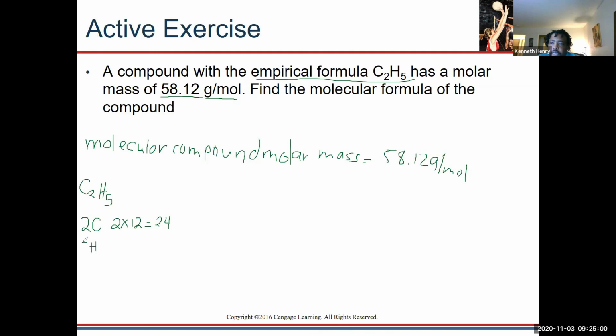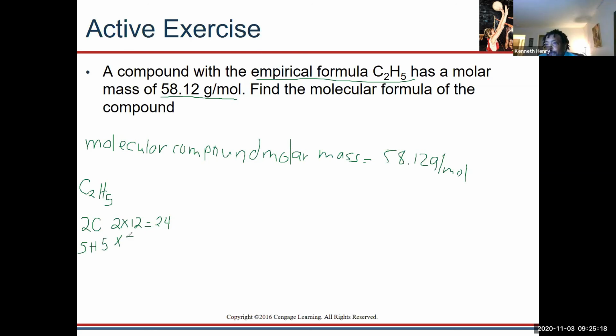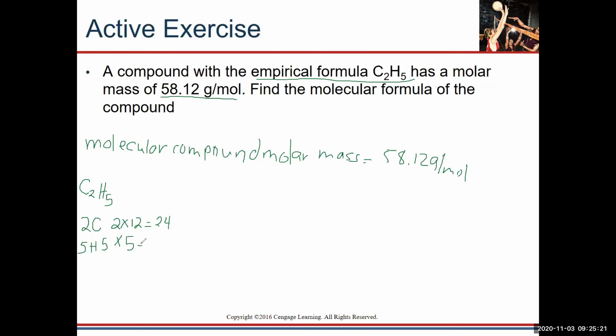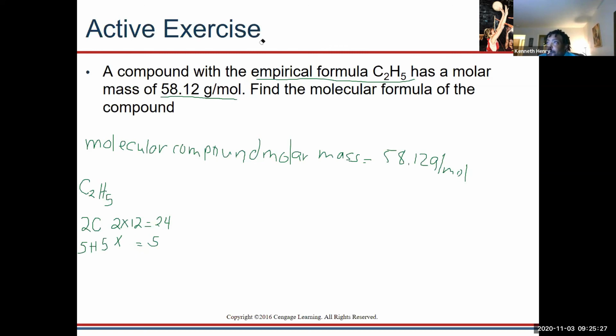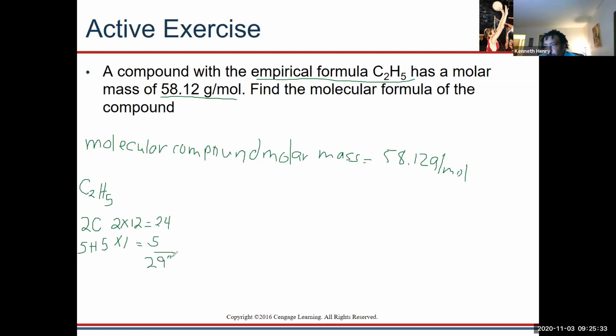Hydrogen, what is the molar mass of hydrogen? 1. 5 times 1 is 5. And we add it together. What do we get? 29 grams per mole. This is the molar mass of my empirical formula.